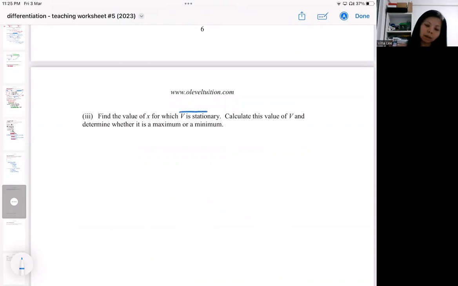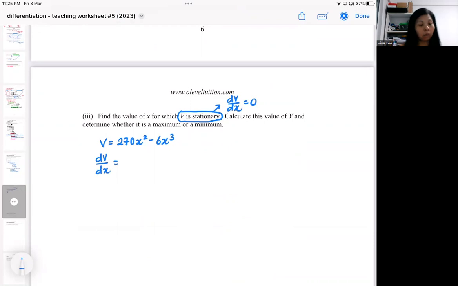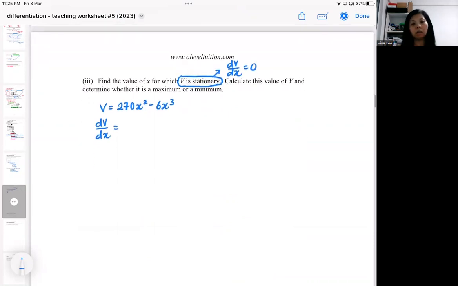You have to recap the theory: when V is stationary, dV/dx has to be 0. Know the theory first, then go to the technical part. Use the expression you got in the second part and do your normal dV/dx. It is not even challenging, just bring down the power and minus one from the power, which by now all of you should be okay with.